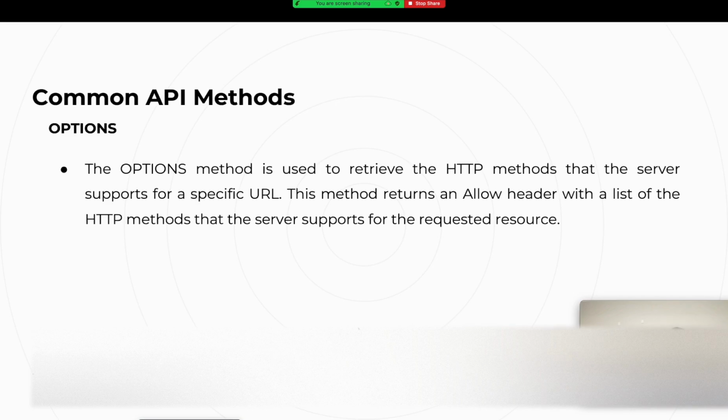Because your server is allowing you 3 things, correct? Update, which is both put and patch, and delete. So that's how we are able to figure out what HTTP methods are supported for this specific URL, or here, for example, for Michael's data. In our example, we have seen that for Michael's data, all the things are present: get, post, put, patch, and delete. All 5 things are present.